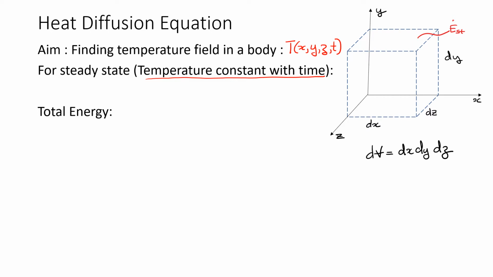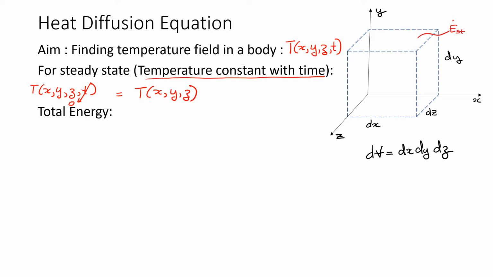And what this tells us mathematically is that if we consider T of x, y, z, and t, our time term will be 0, which means our temperature will just be a function of the spatial coordinates.